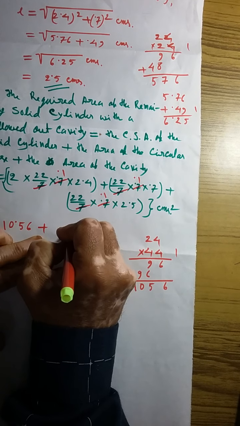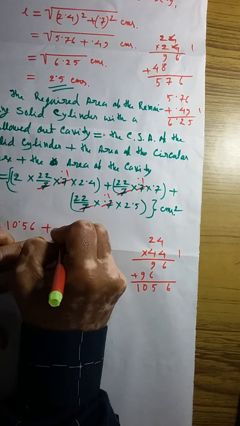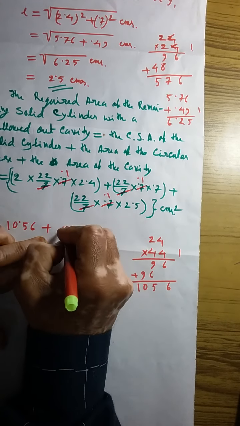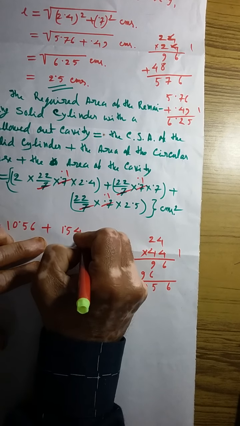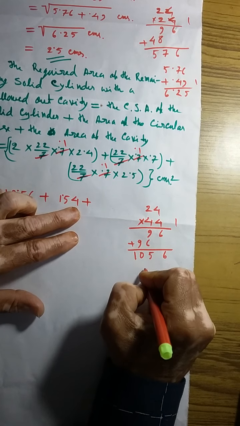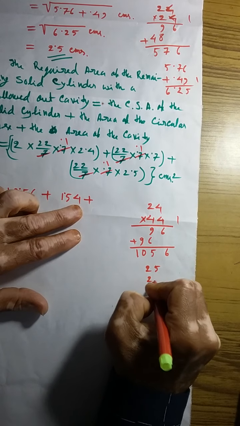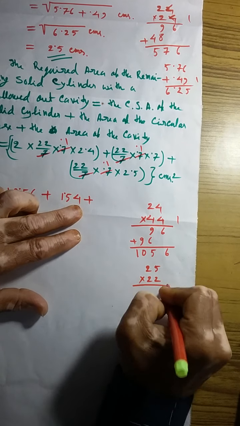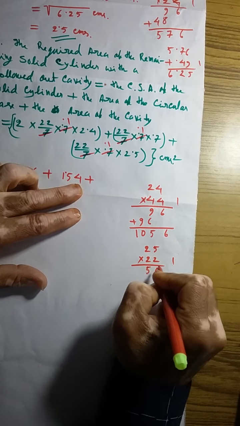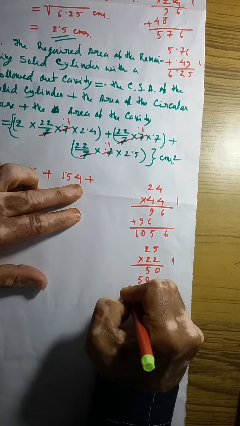We had 2 decimal points, so the decimal point will be put here, plus if we multiply 22 by 7, we will get 7 2 is 14, 7 2 is 14 plus 1, 15. We had 2 decimal points, this one and this one, so the decimal point will be put here, plus now if we multiply 25 and 22, we will get 2 5 is 10, 2 2 is 4 plus 1, 5, again by 2 we will have 50.